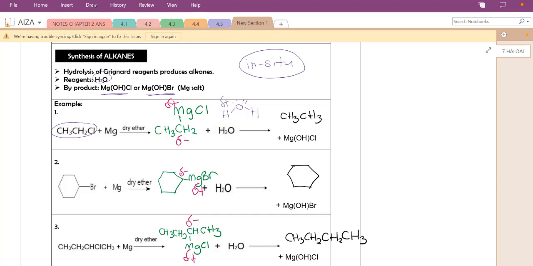We cannot bottle or keep Grignard reagent in a reagent bottle. We cannot produce it today and use it tomorrow. If you want to do any reaction regarding Grignard reagent, you need to prepare that reagent at that time. We have to prepare it right there.